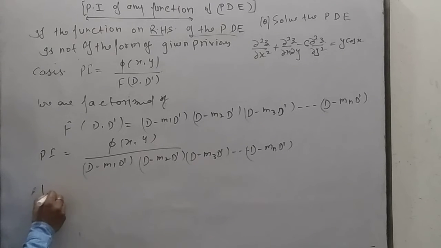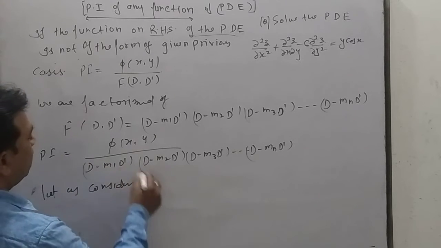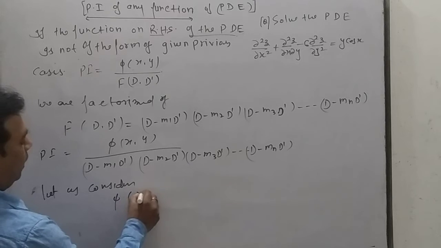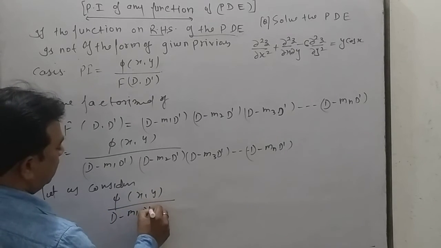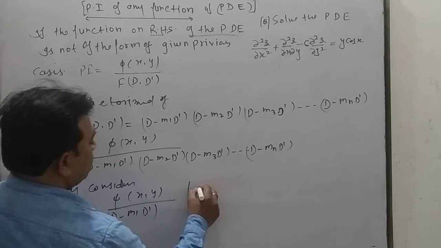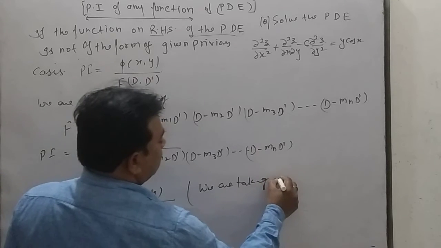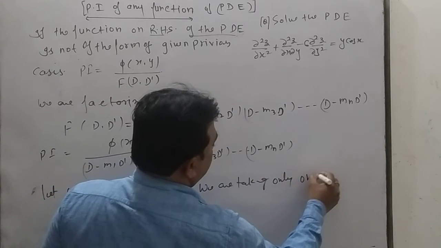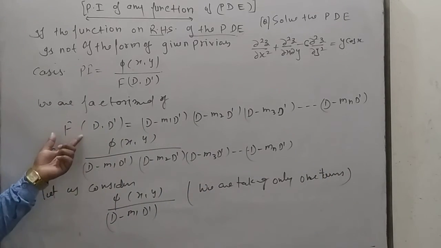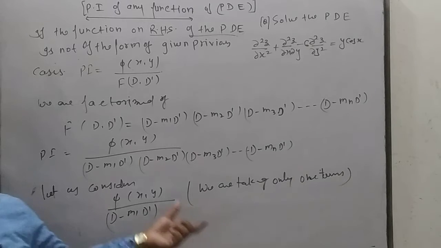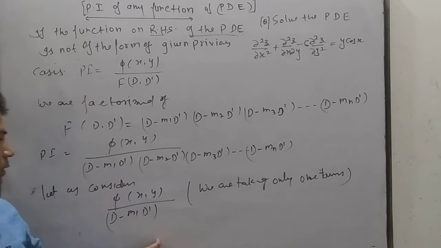Let us consider phi of x comma y upon D minus m1 D dash. We are taking only one term at a time, factorizing the function.